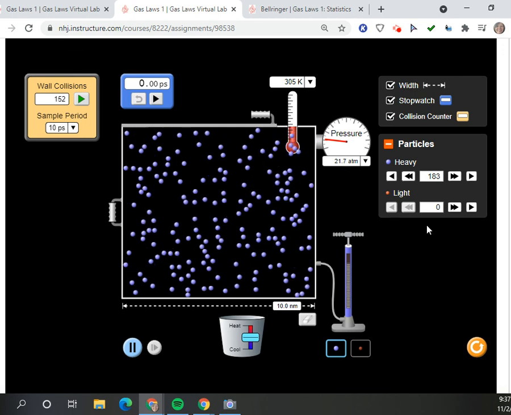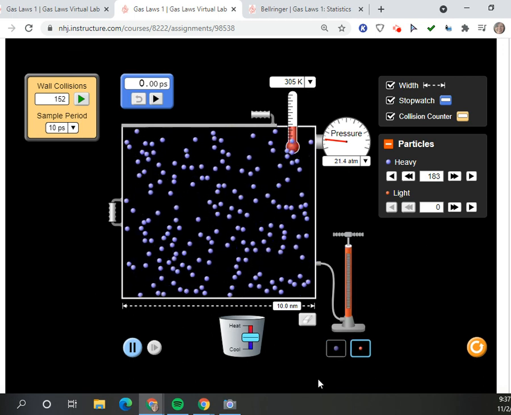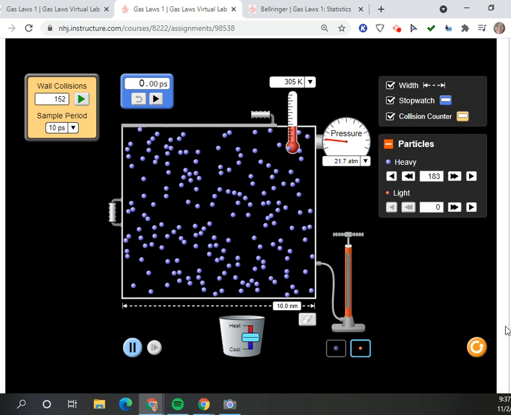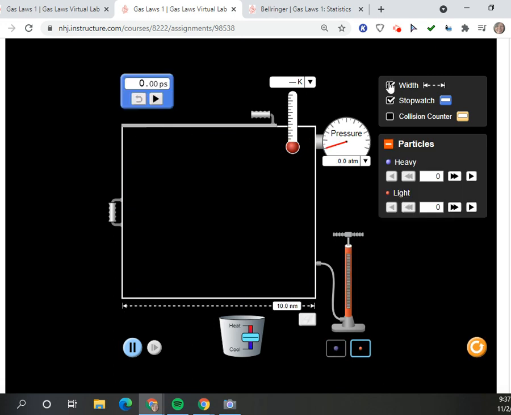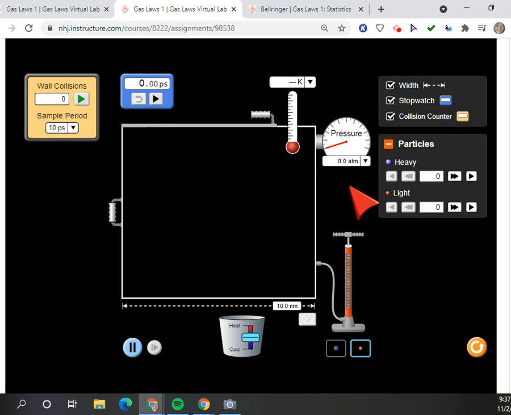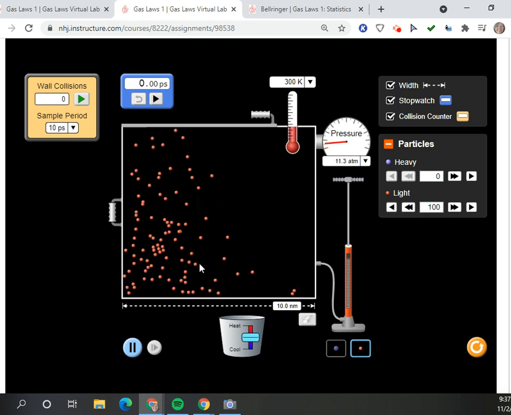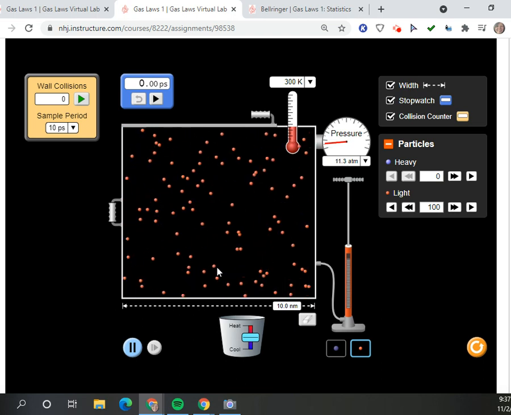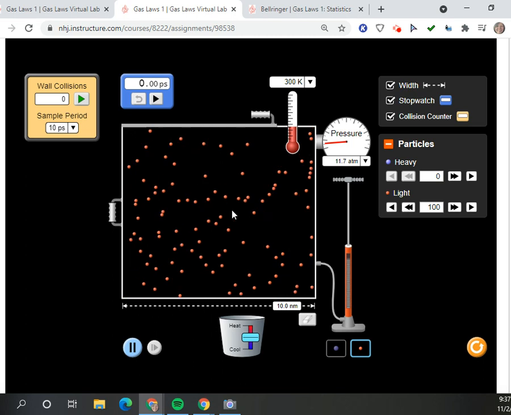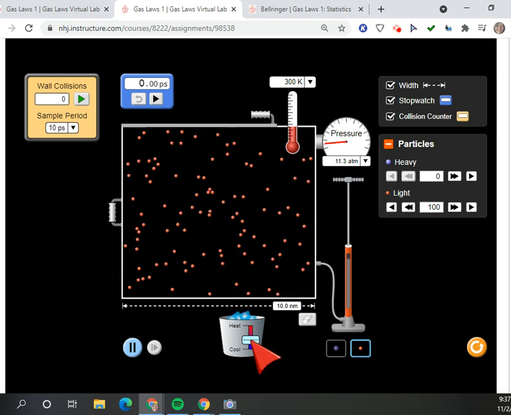What other observations could we make? Maybe if we switch to light particles, do they behave differently? We'll put all of our measurements back on there. Let's put some light particles, so lower mass particles, and let's see what they say. Seems like they're moving a little faster, but let's cool them down.